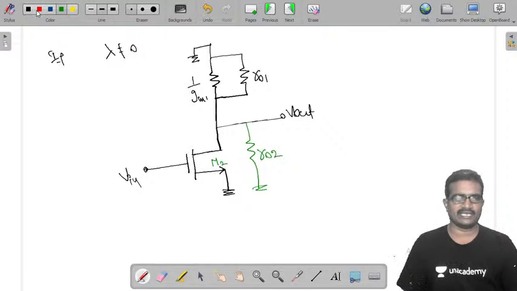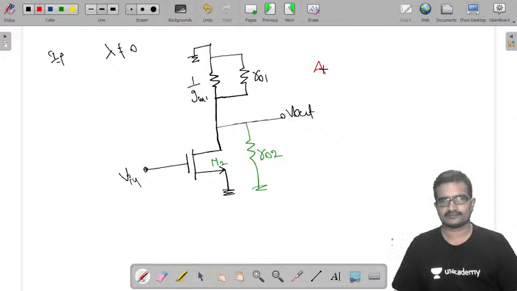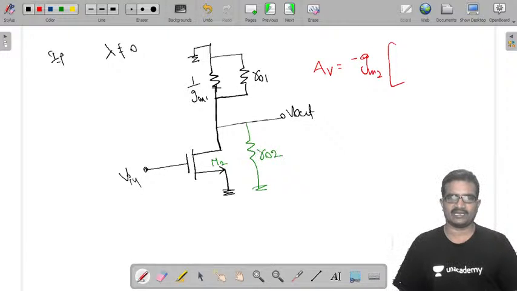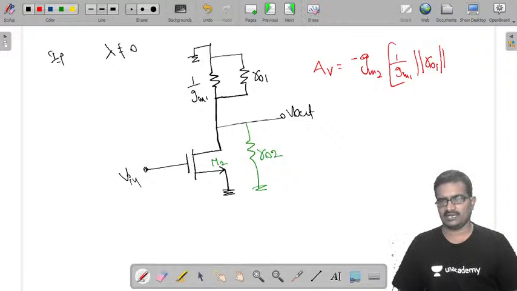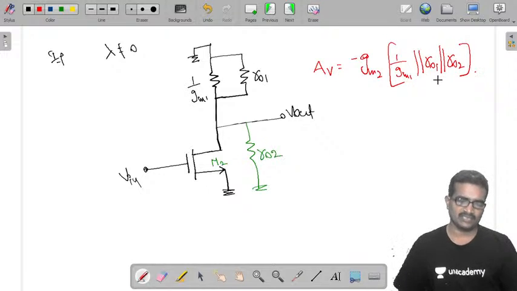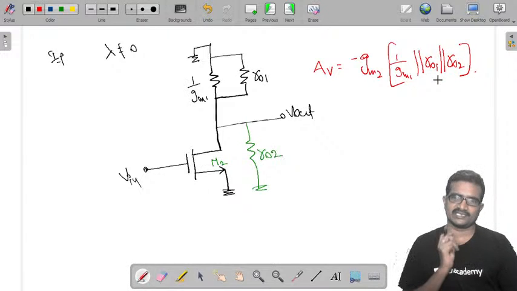Now the voltage gain is minus Gm2 into these parallel, that is 1 by Gm1 parallel with R01 parallel with R02. That's it. See how simple we can do it.